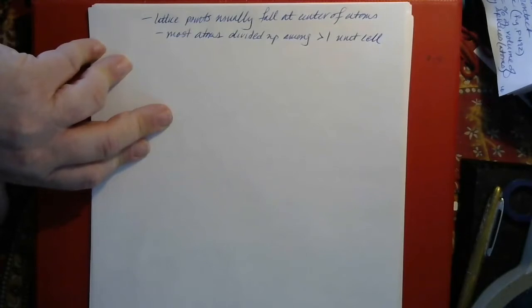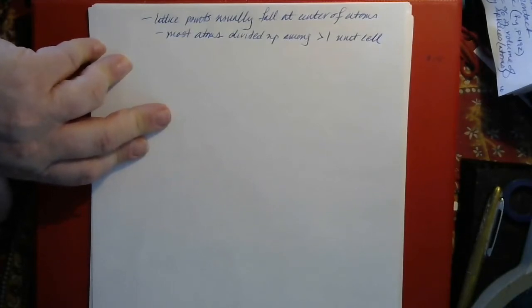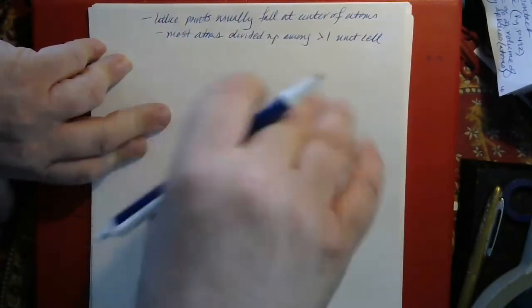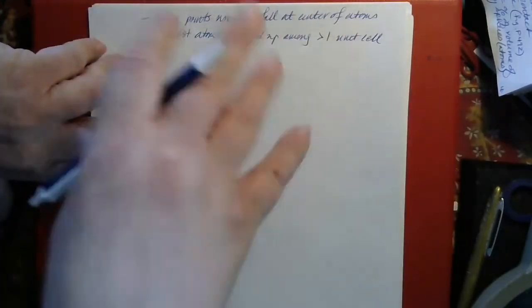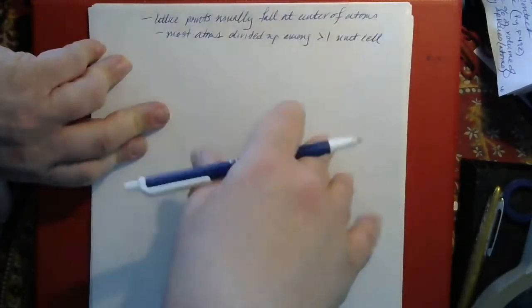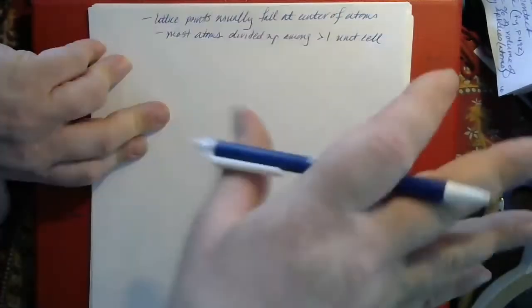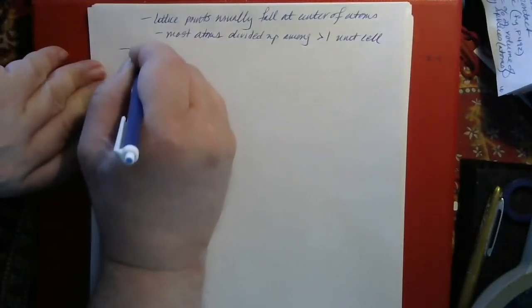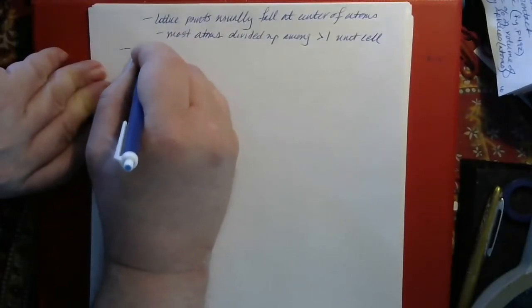And there's really only one exception of the common types of unit cells that we're going to be looking at, where you'll have an atom that's entirely within the unit cell and not shared with any other unit cells. But for the most part, you're going to be sharing each atom or each ion or each molecule with at least 2 unit cells. The unit cells are classified by symmetry.